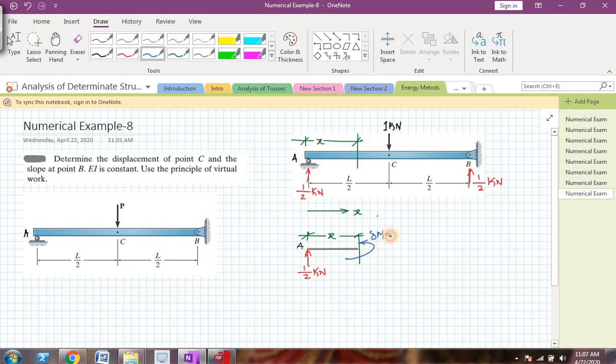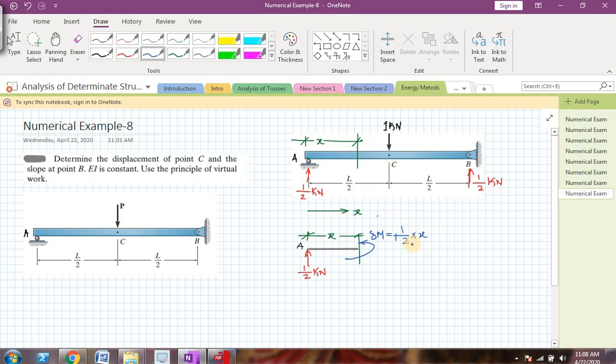This delta m will be equal to half times x, with a positive sign because the load at this section causes a sagging bending moment. So this is the virtual moment I got.